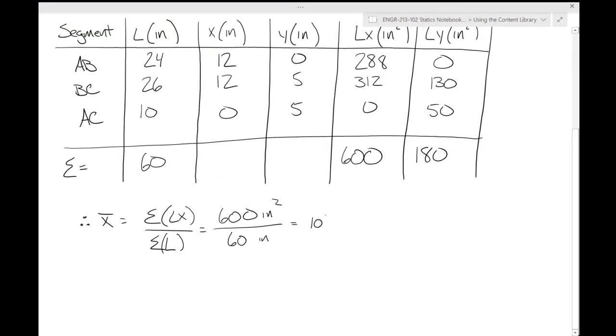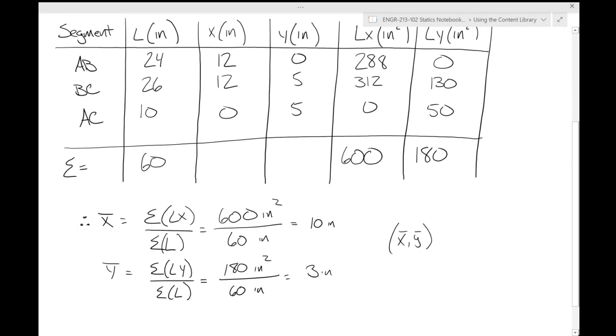That's 10 inches. And then y bar is the sum of Ly over the sum of L, which is 180. Which is 3. So the coordinates of the centroid are 10 inches, 3 inches.